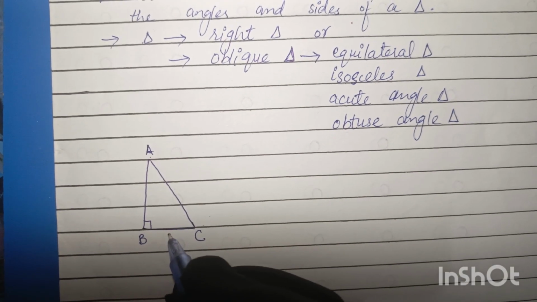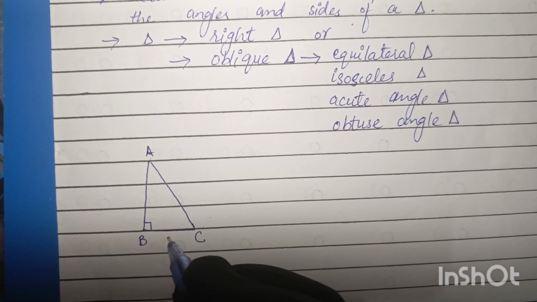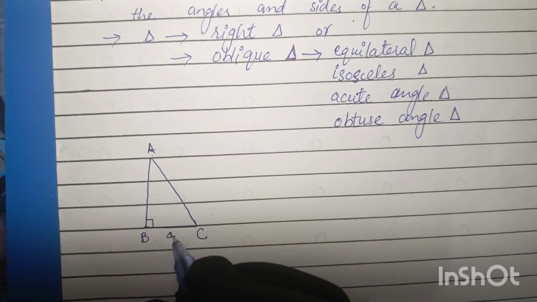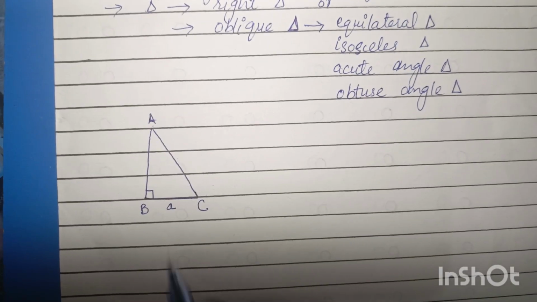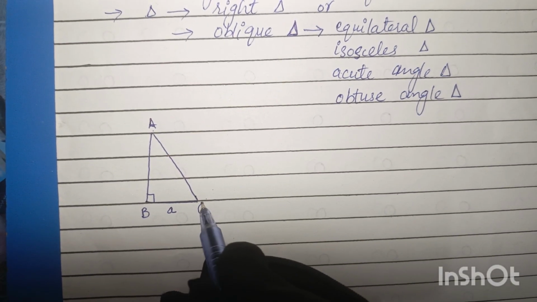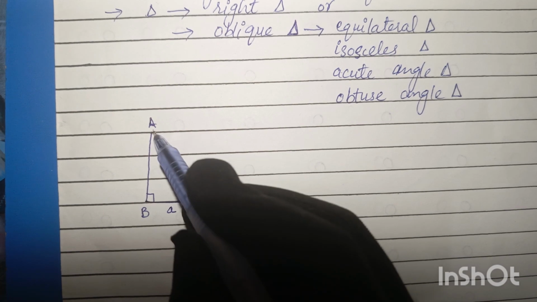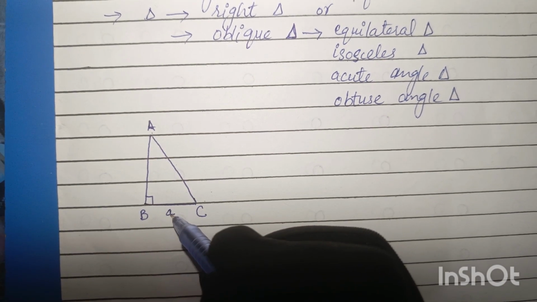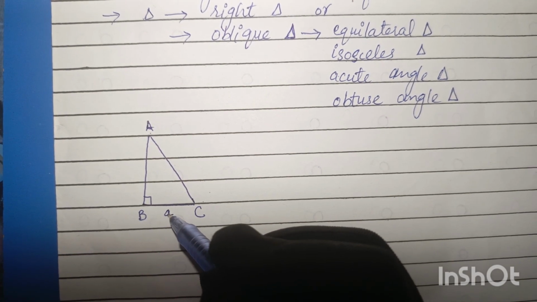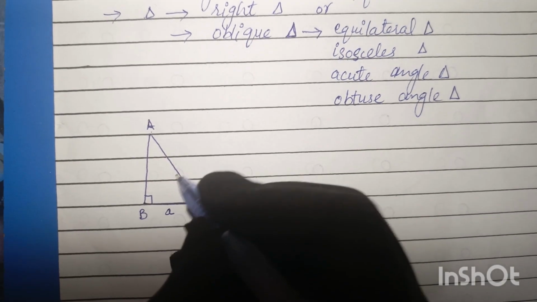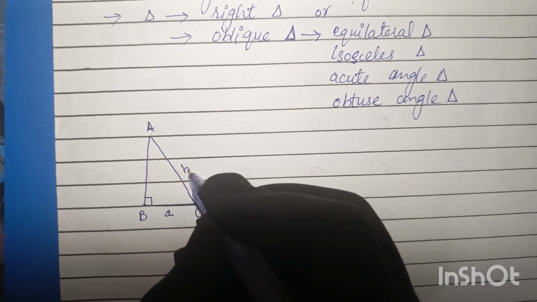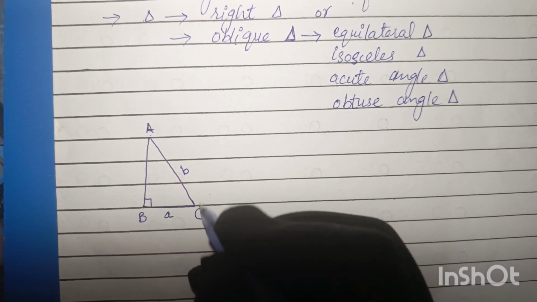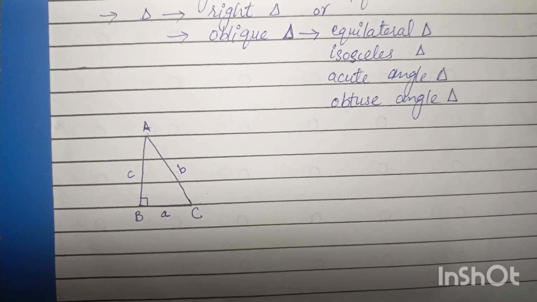The opposite side of vertex A is known as small a. Small a is basically the length of side BC. Since it is opposite to vertex A, we name it as small a, and similarly the side opposite to vertex B is named as small b, and the third one is small c.